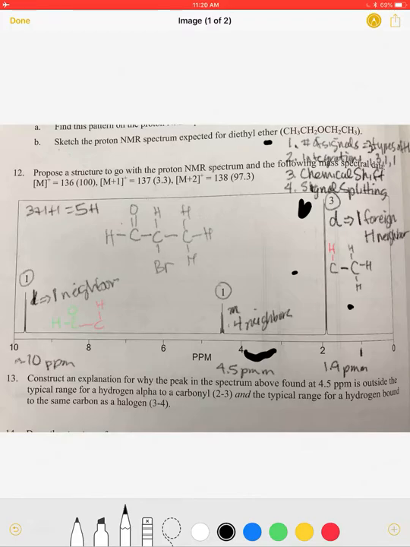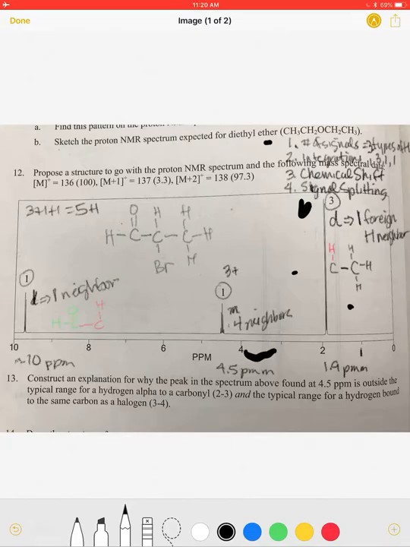And then the signal splitting, let's double check that. So we've got 3 hydrogens with 1 neighbor, so they should be a doublet. And we've got 1 hydrogen with how many neighbors? On the left side, we could go 1, 2, 3, and we run into a hydrogen. On the right side, we can go 1, 2, 3, and run into 3 hydrogens.